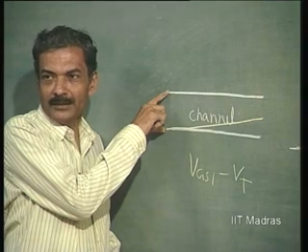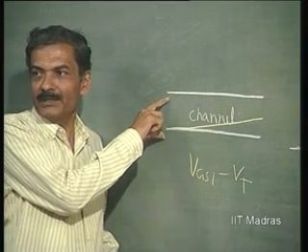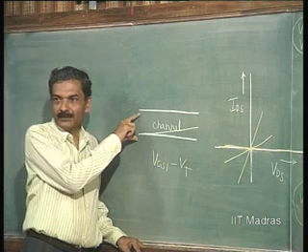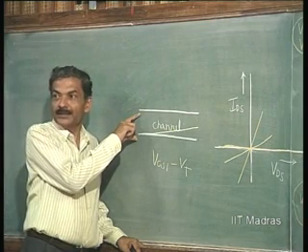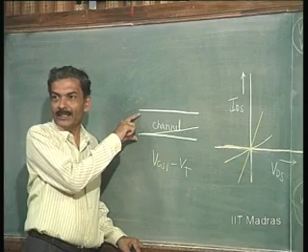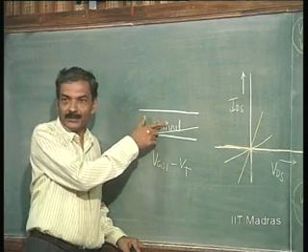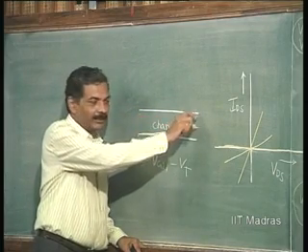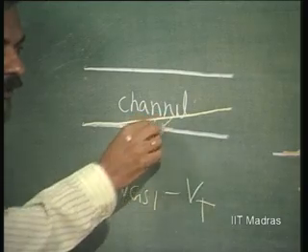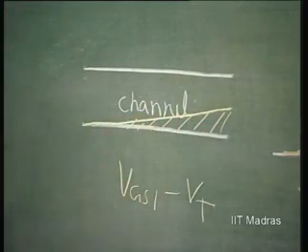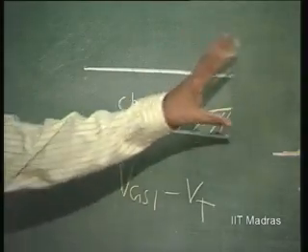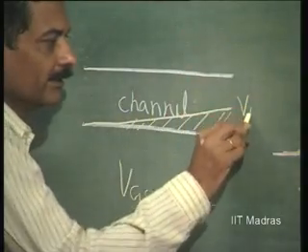This width corresponds to simply VGS minus VT, whereas VDG is changing because VDS is increasing. Therefore, this width here on this side will decrease. This is what happens. This is for a certain value of VDS.